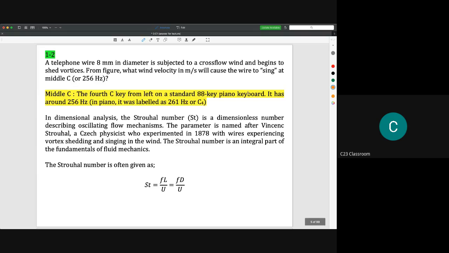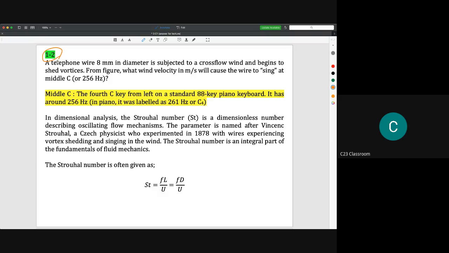Okay, so question 1.2 here is a question from the textbook, but what I want to say here is please make sure that you know there are a lot of dimensionless numbers, dimensionless parameters. It is not limited to the Reynolds number.